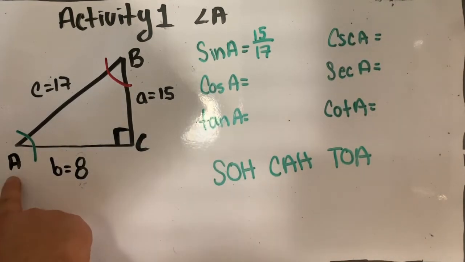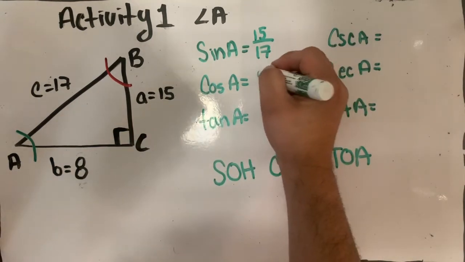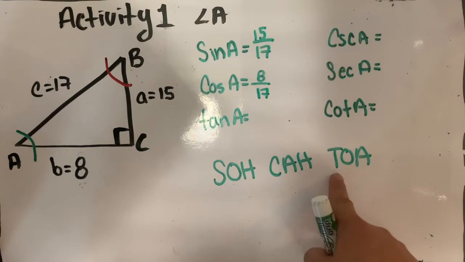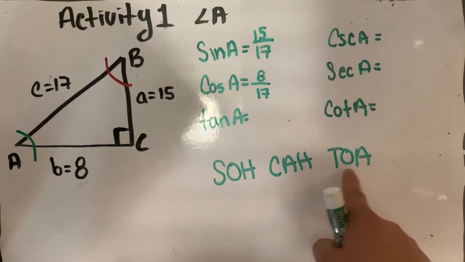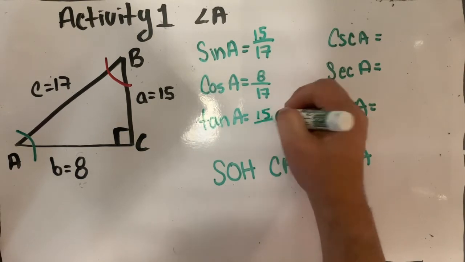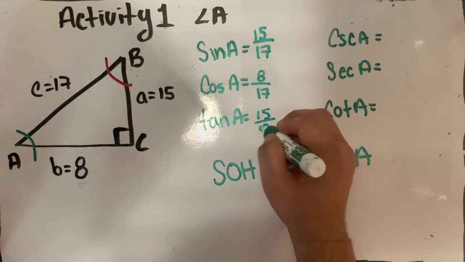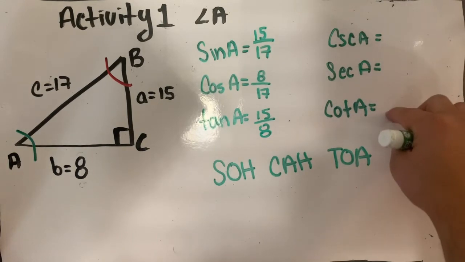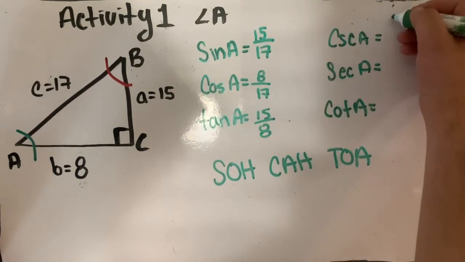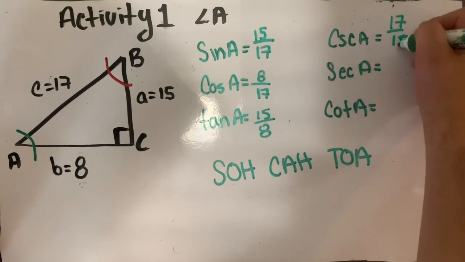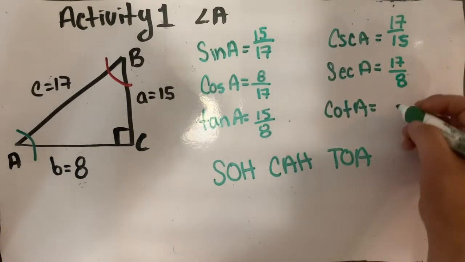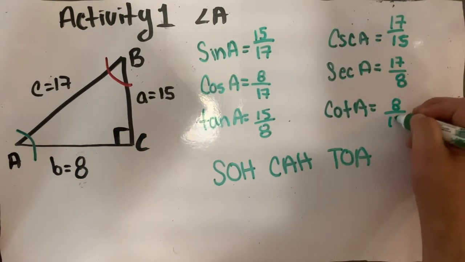The cosine is equal to 8 over 17, and the tangent is equal to opposite over adjacent, so it is 15 over 8. Remember that these last 3 are the reciprocals of the first 3. So this means that cosecant is equal to 17 over 15, secant is equal to 17 over 8, and cotangent is equal to 8 over 15.